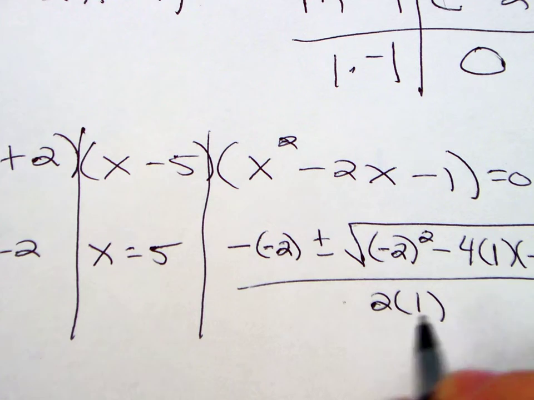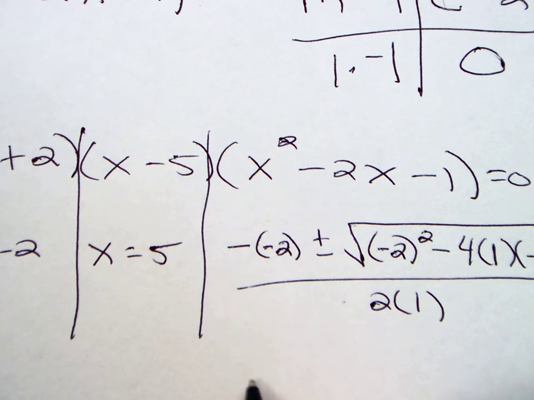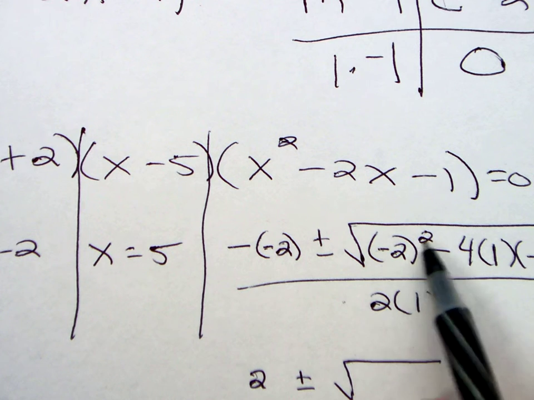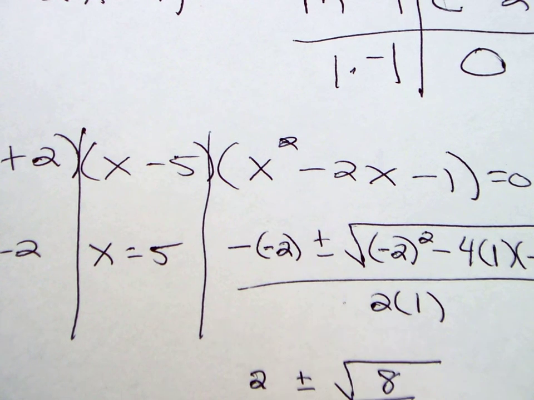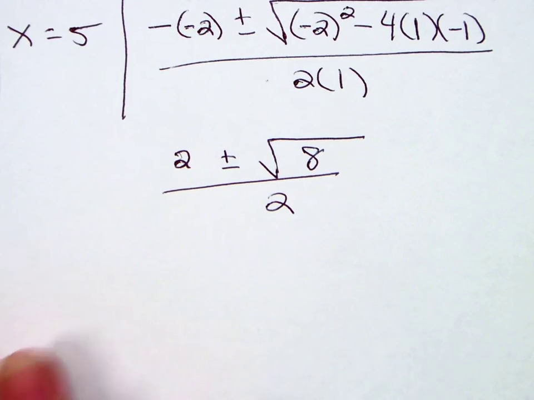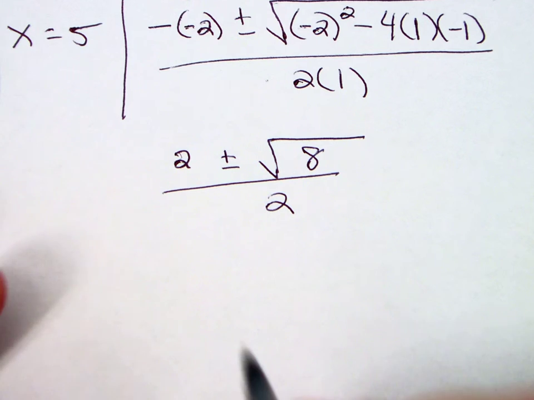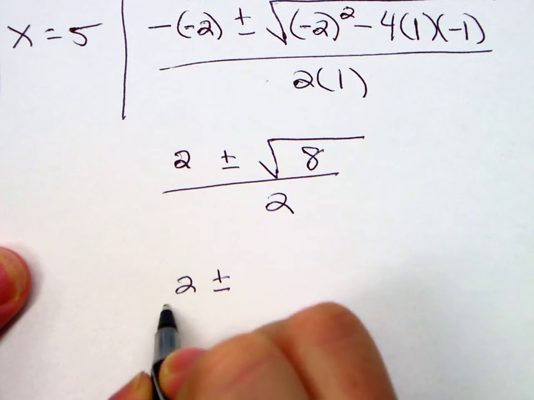A again was 1. Negative 2 gives you 2, plus or minus the square root. This, you can stick it in the calculator. You get 4 plus 4, which is 8, all over 2.